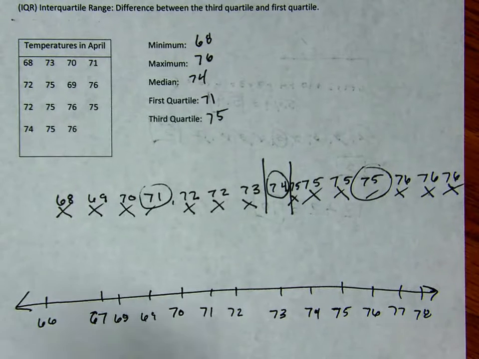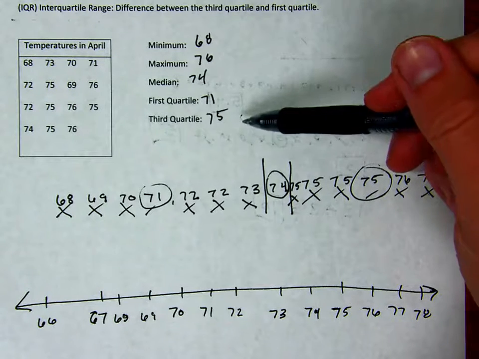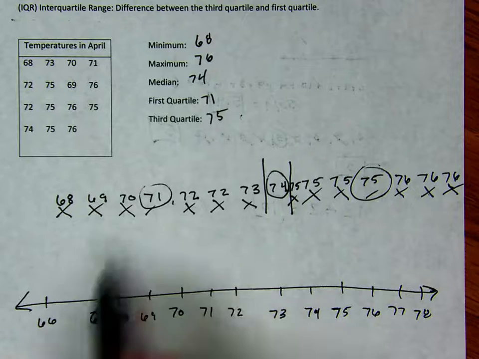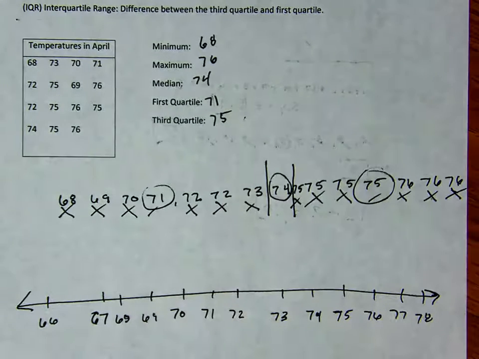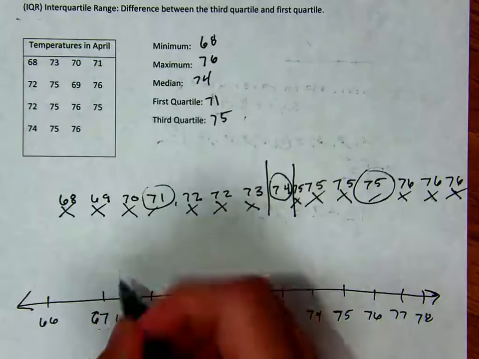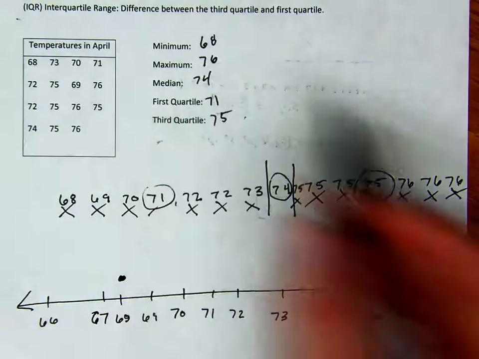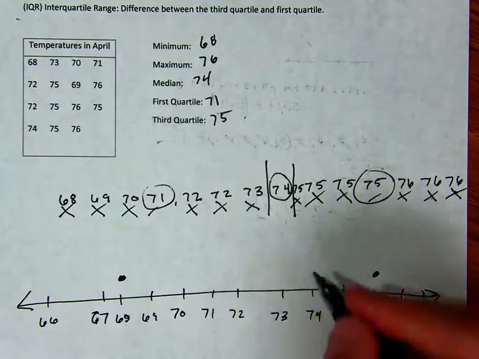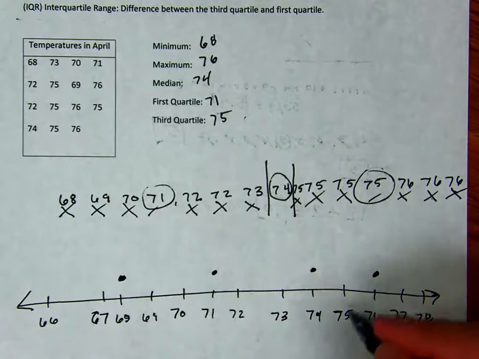The first thing I'm going to do, I have 5 points that I've already solved for. I'm going to put points at each of those: minimum, maximum, median, first quartile, and third quartile. So 68 is my first point, 76 is my second, 74 is my third, 71, and 75.